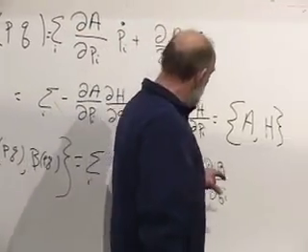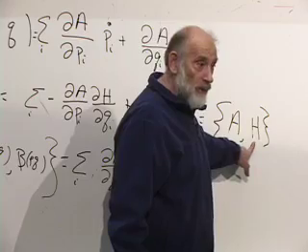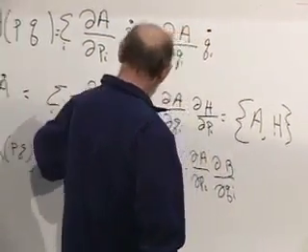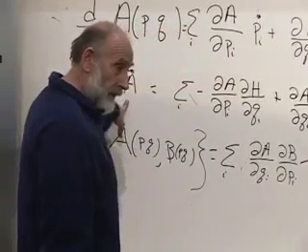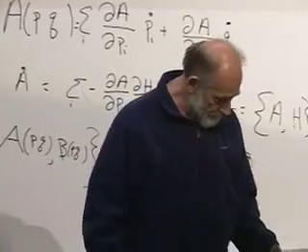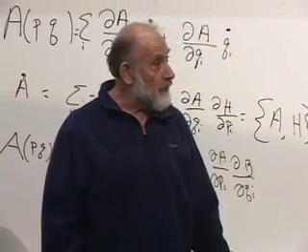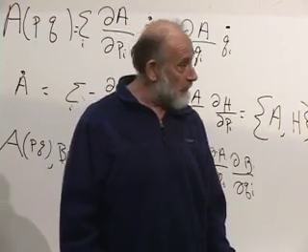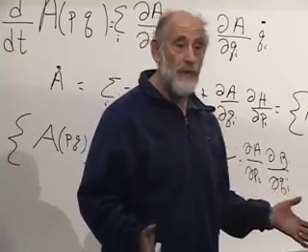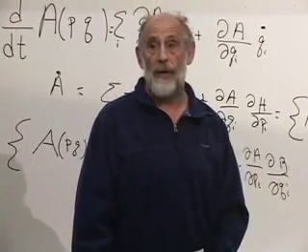If you want to know whether something's conserved, you take its Poisson bracket with the Hamiltonian, and if it's 0, then it's conserved. If it's not 0, then whatever it is gives you the time derivative. Try it out for angular momentum, for example. Take just a free particle and see that the angular momentum is conserved by taking its Poisson bracket with p squared over 2m and so forth.